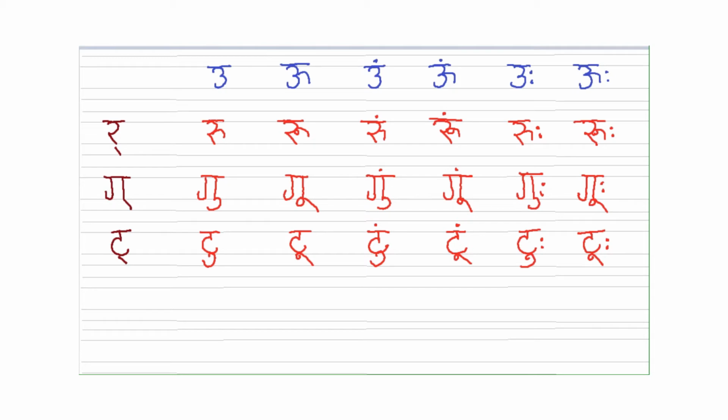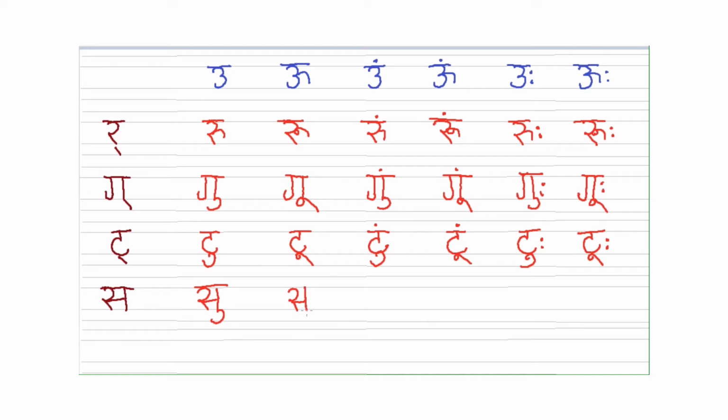Okay, I'm going to pick another consonant. We have ra, ga, ta. I'm going to pick sa. There's not much different between the sa for gu or tu, but I've just chosen to pick sa.